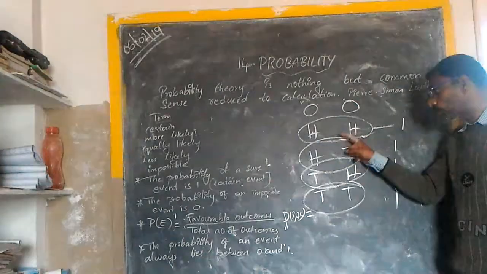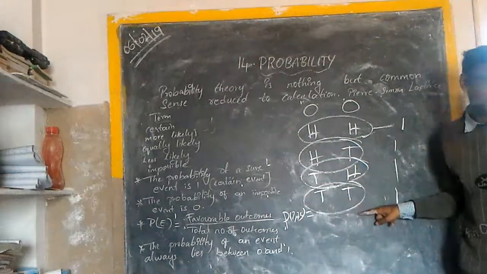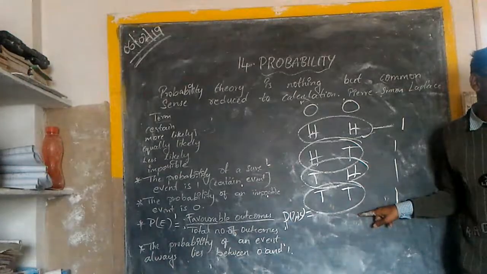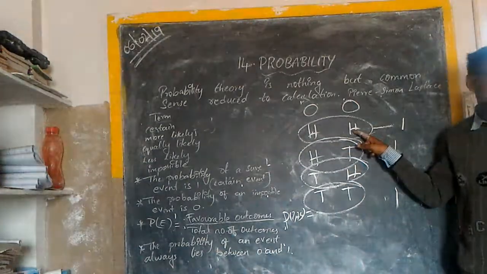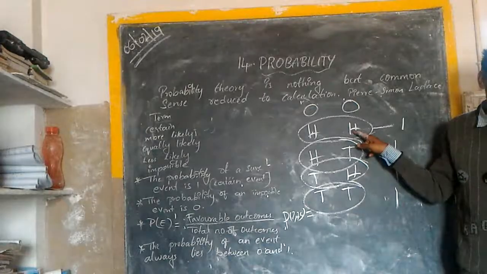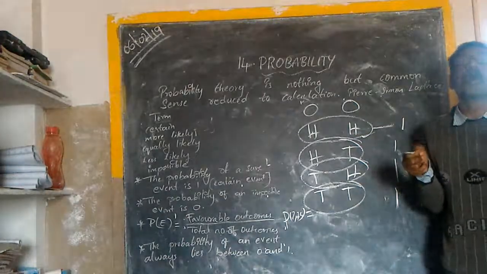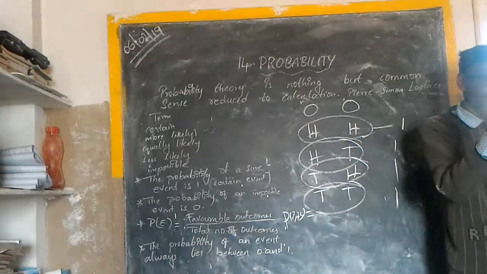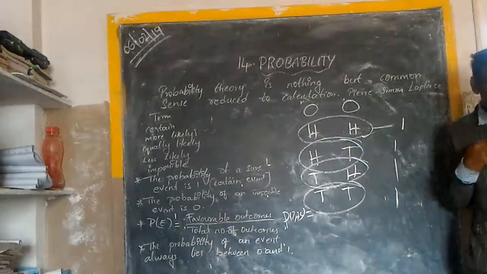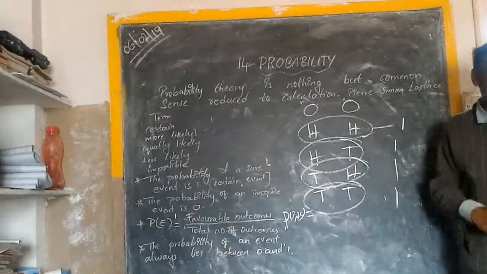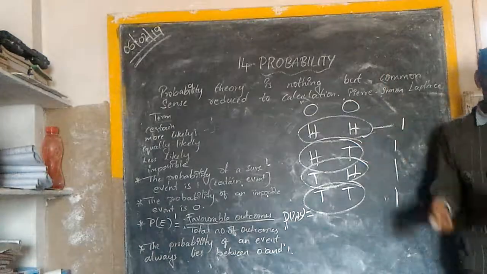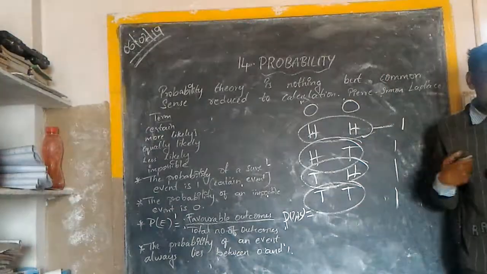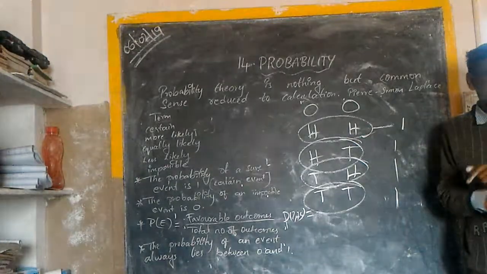Don't calculate 1, 2, 3, 4, 5, 6, 7, 8. No. H and H is one chance. When 2 coins are thrown up, we get 4 chances. Suppose I ask for any one of them to be head. When 2 coins are thrown at a time, I expect any one of them to be head.